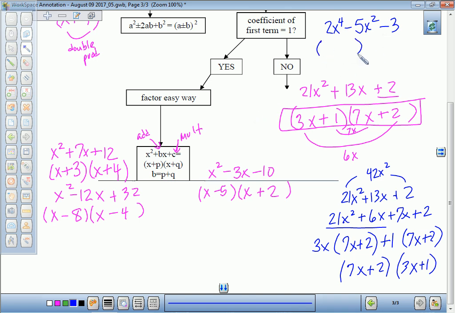So we can actually still do guess and check, or trial and error, whatever you want to call it, but this time it's an x squared and an x squared. And then we need to multiply to get a negative 3. So if I make that a negative 3, that gives me a negative 6 and a positive 1, and I'm there. And that is completely factored over the set of integers.